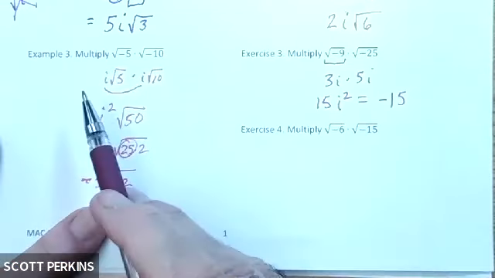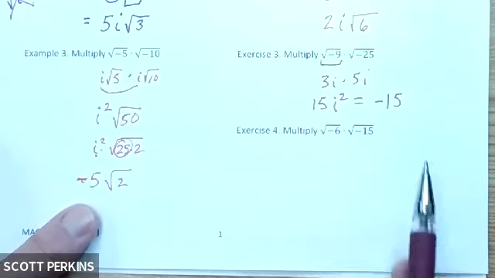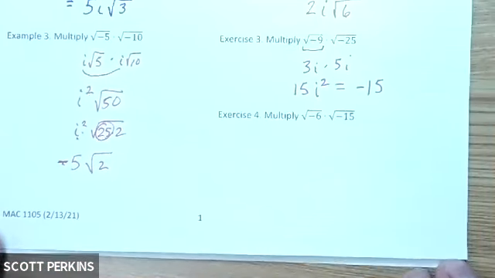Exercise 4 is very similar to my example where you've got numbers that right at the face of it are not perfect squares. So you're going to have to multiply and then simplify.